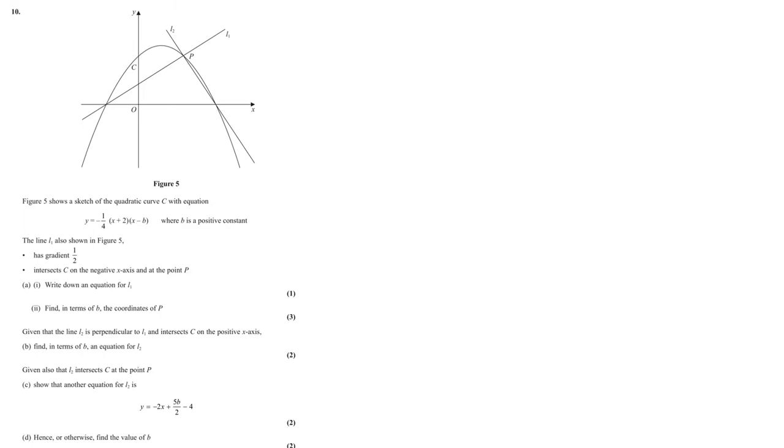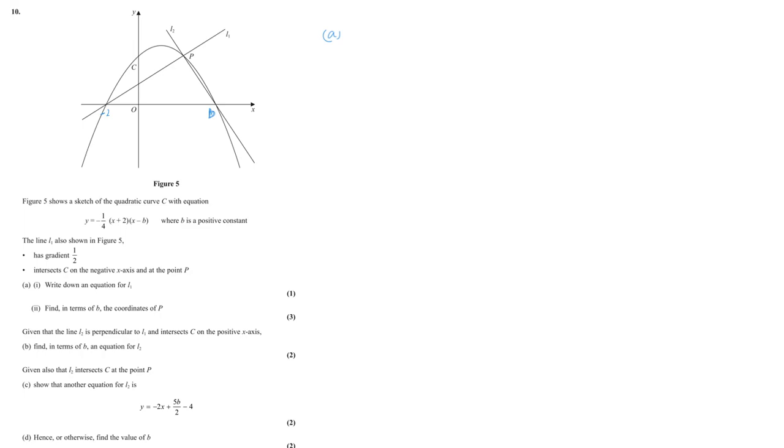So from this information here, we can deduce that this is the coordinates -2 and this is b for the x coordinates, just from the two brackets. So where it's going to cross the x-axis is when this bracket equals 0 or this bracket equals 0. So -2 and b.